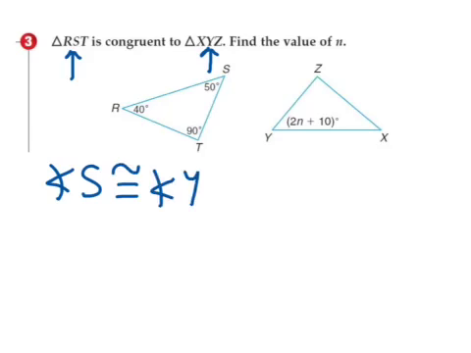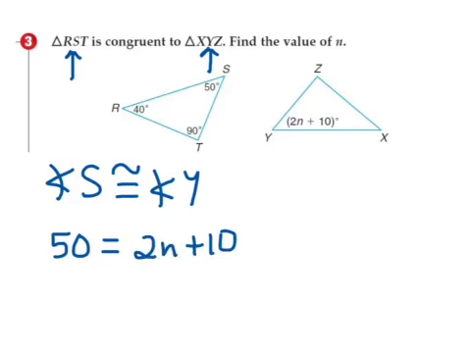Since angle S is congruent to angle Y, I can now write an algebraic statement. Angle S is 50 degrees, and angle Y in terms of n is equal to 2n plus 10. So let's write our equation here. Angle S is equal to 50 degrees, and angle Y in terms of n is equal to 2n plus 10.